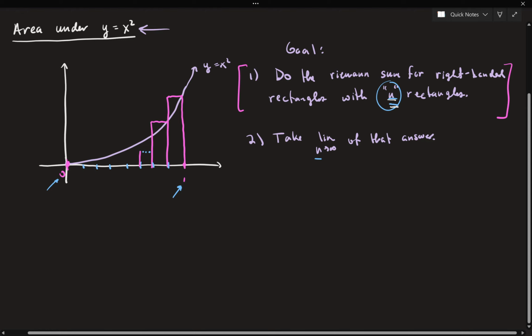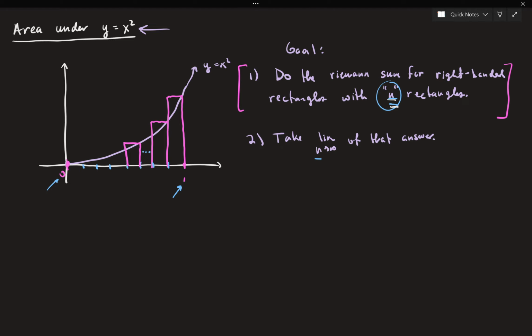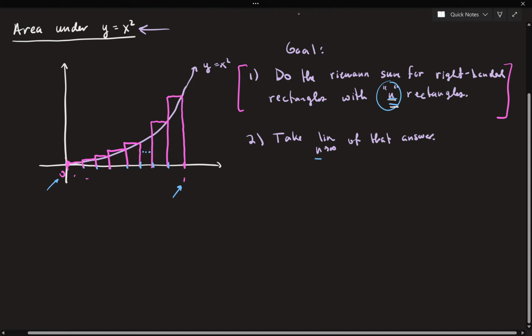I'm drawing an ellipsis here to say there are more squished in here, but the idea still holds. Just because I've drawn 7 rectangles, 1, 2, 3, 4, 5, 6, 7, and cut it up into 8 pieces, I haven't told you that n is 7.